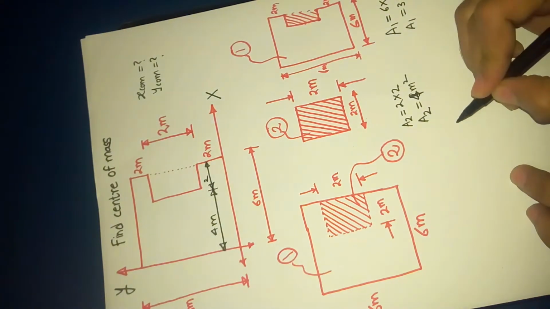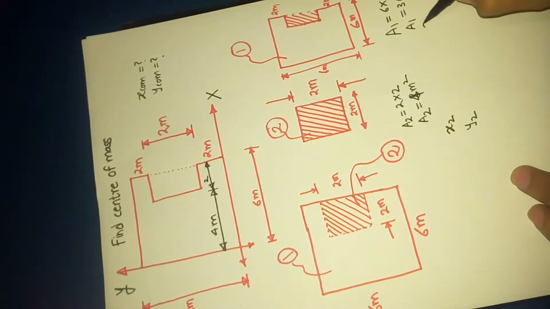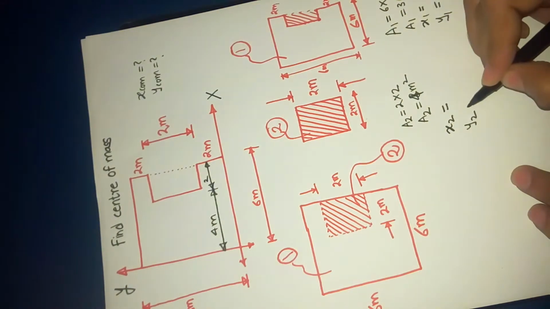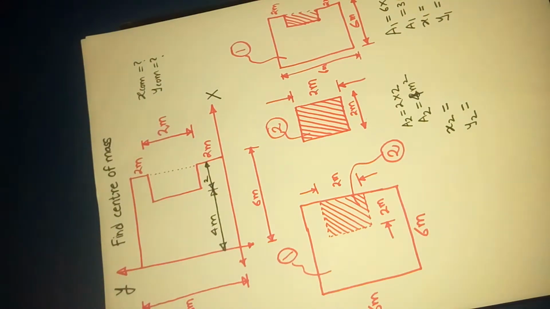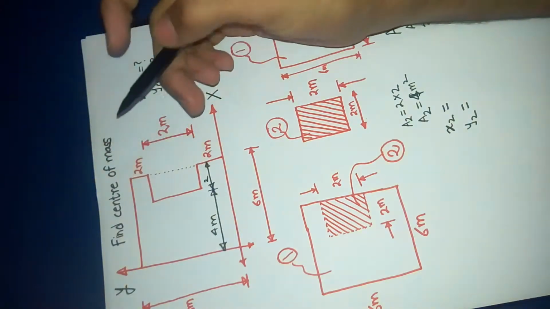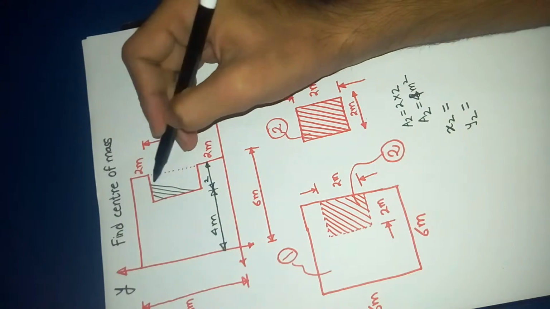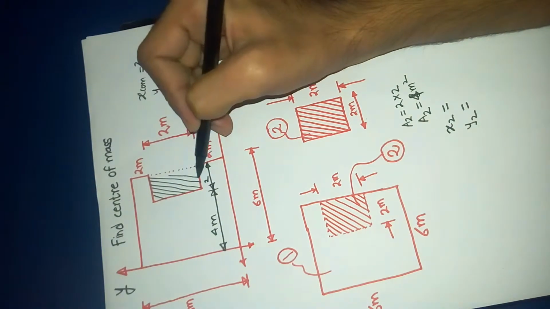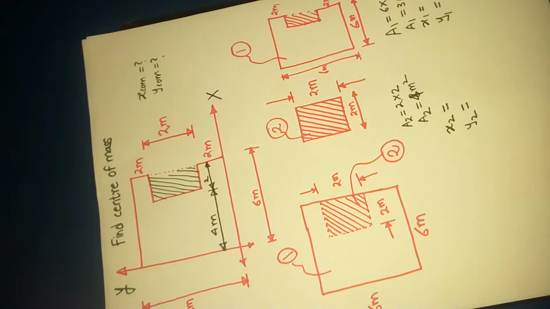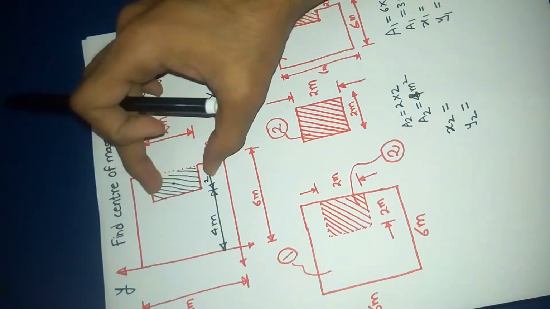So you have calculated the areas. Now we will find x2. How to know x2 and y2 and x1 and y1? Thereafter we go for x center of mass and y center of mass. So this portion is present over here in the original figure. If I draw hatched lines here, somewhere here will be the center of this smaller portion.